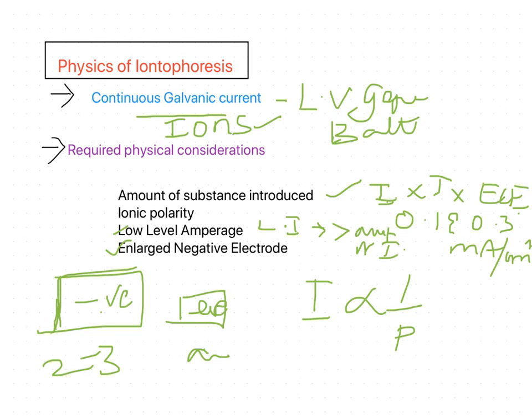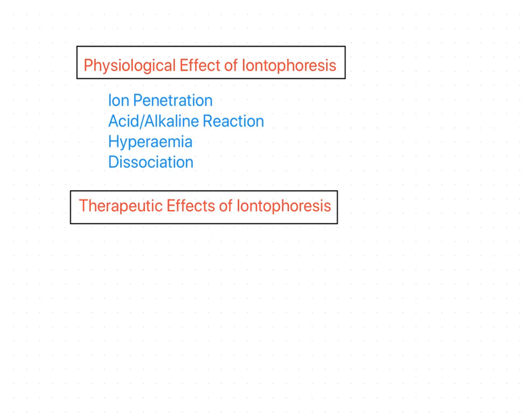Now we'll move on to the physiological effects and therapeutic effects of iontophoresis. What are the physiological effects of iontophoresis? The physiological effects of ion transfer can only be expressed in terms of the ion selected for the treatment.